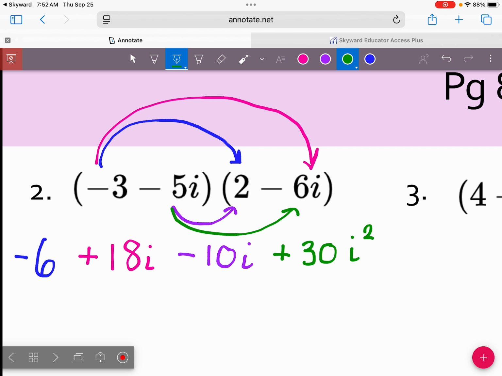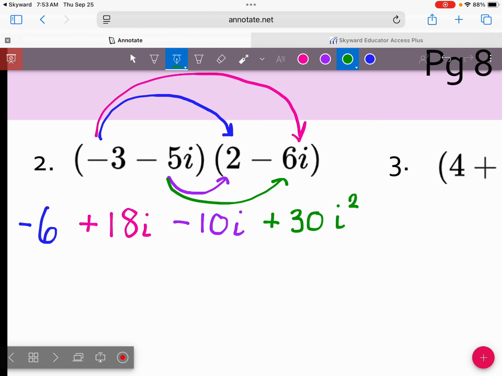So start by just doing our distribution. I highly recommend that you write every single one of them down and not try and do it in your head where we're combining things at the same time. That is where we run into mistakes. That's where we lose track of things. It's too many pieces to juggle. Write things down.